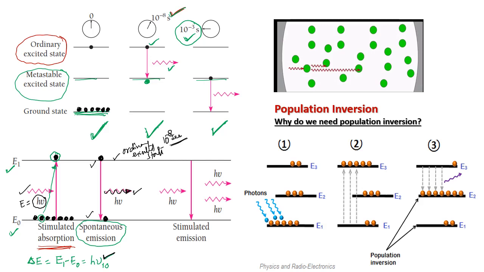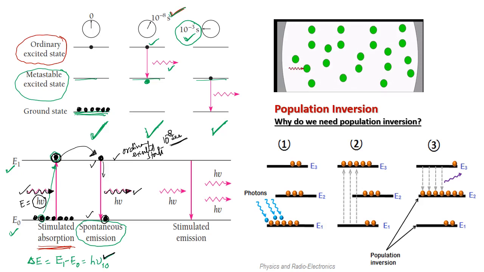If you see the picture of this process, if I shine a photon of energy h nu, then this atom absorbs this energy and moves here to the excited state, and after spending 10 to the power minus 8 second, it automatically comes down to the ground state.